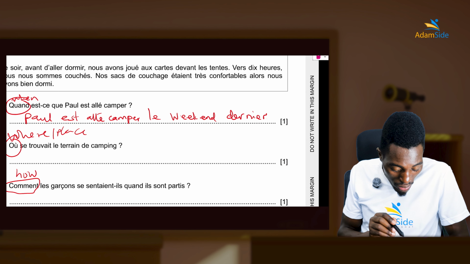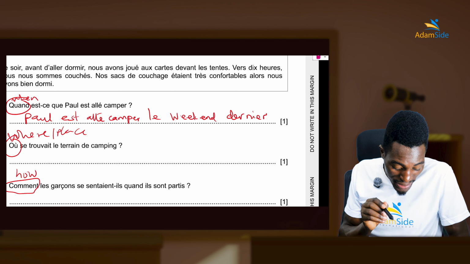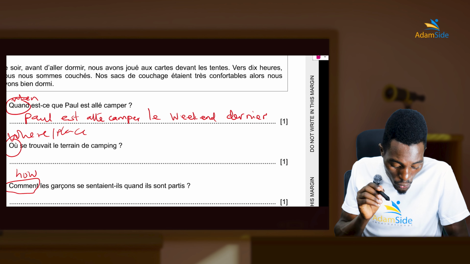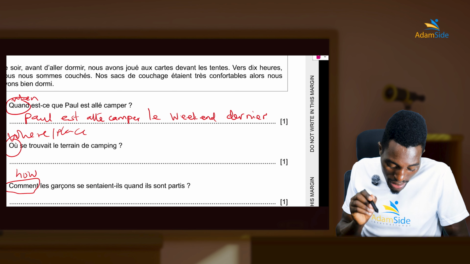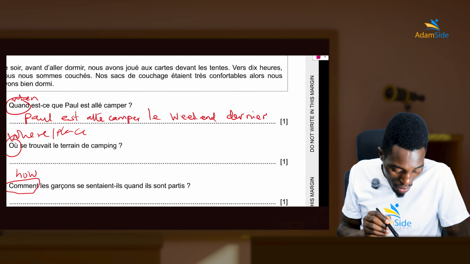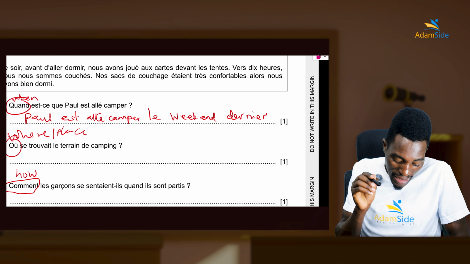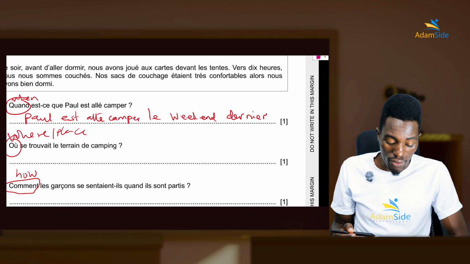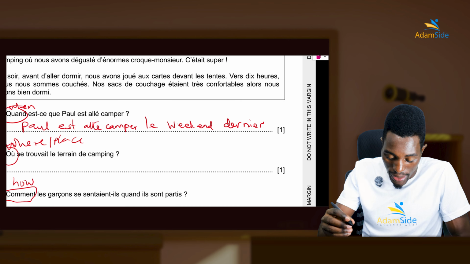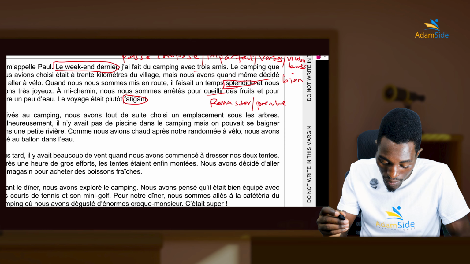Then here I have to give an answer which answers where, or a place. Où se trouvait le train de camping? Where can we get the camping? Where was the camping found? So you have to find the place where the camping was found.